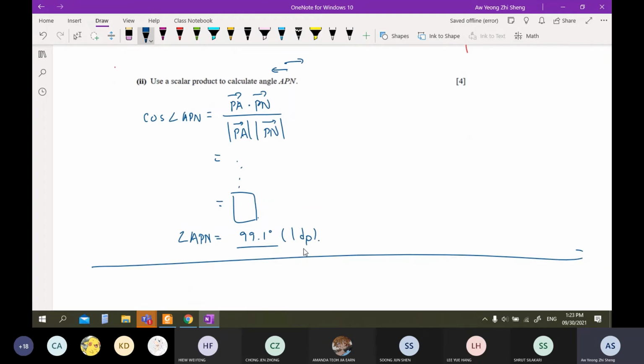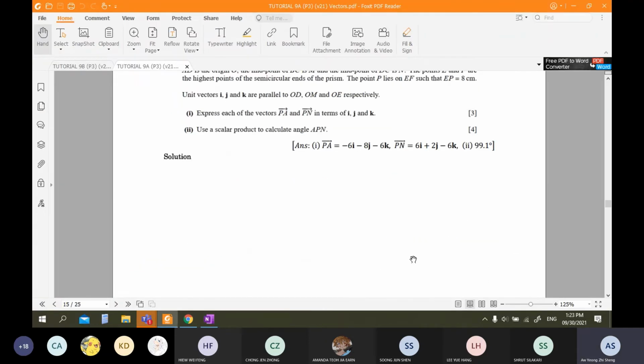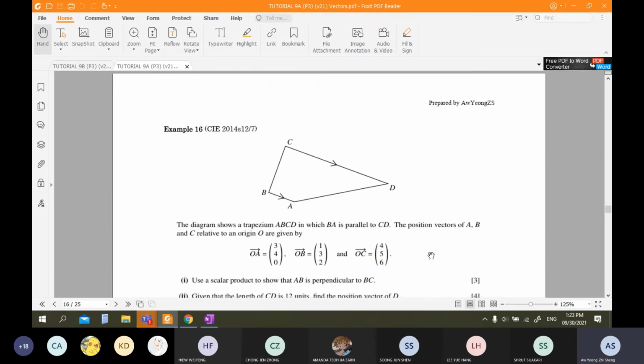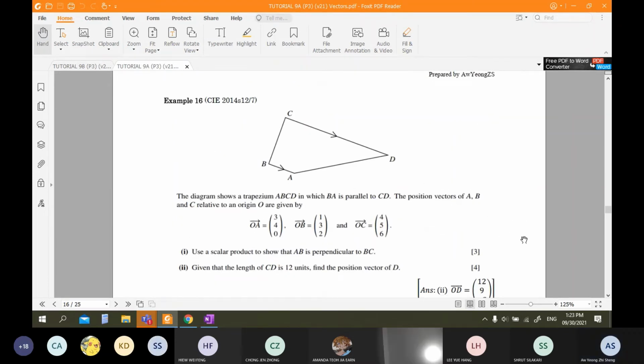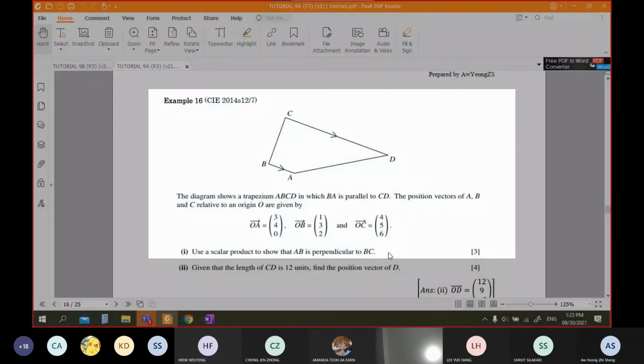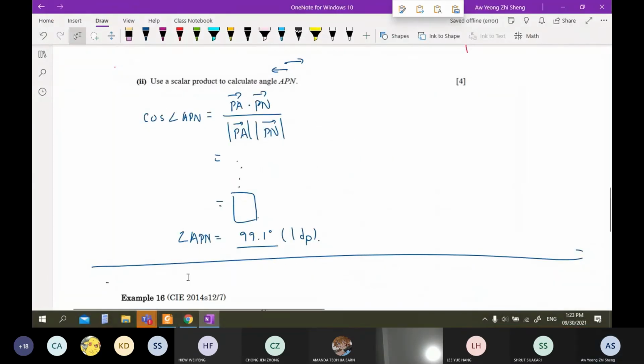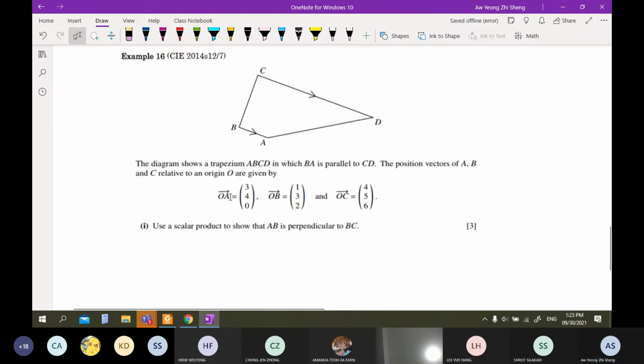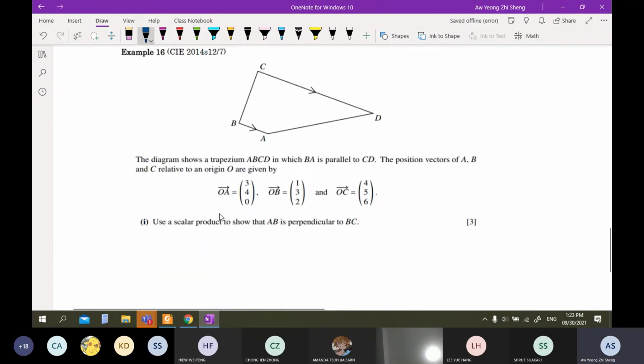Okay, next, jump to example 16. You are given a trapezium such that BA is parallel to CD, and they've already drawn the parallel symbol for you on the diagram.